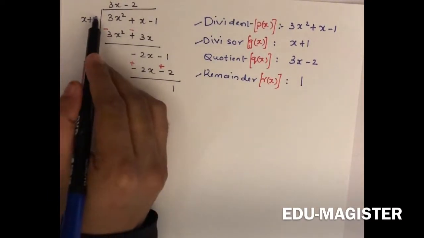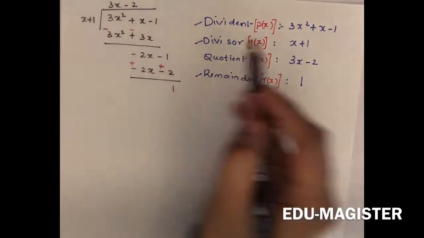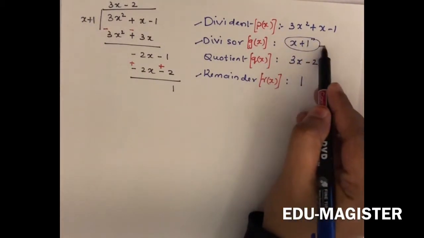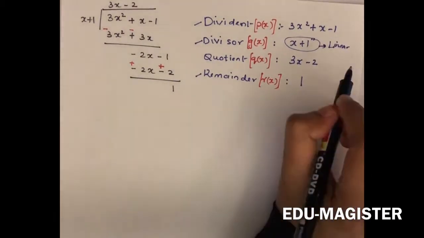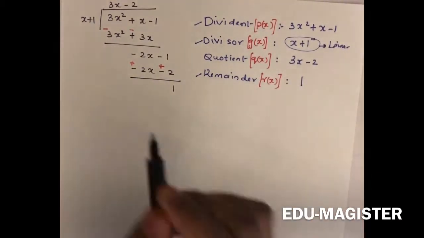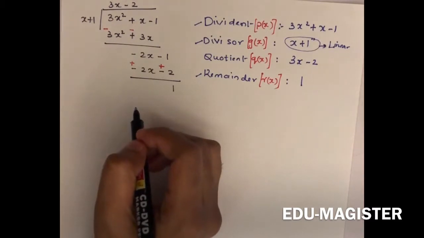Now consider the divisor. This divisor is a linear polynomial, right? In this case, we can draw a very important link.